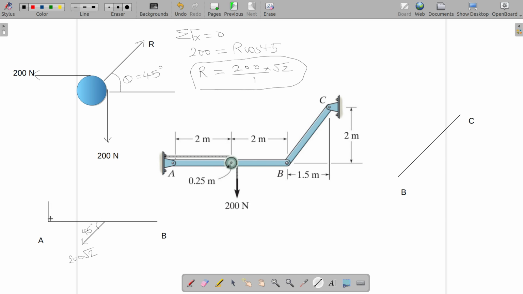Let's assume the reaction from A in x direction.